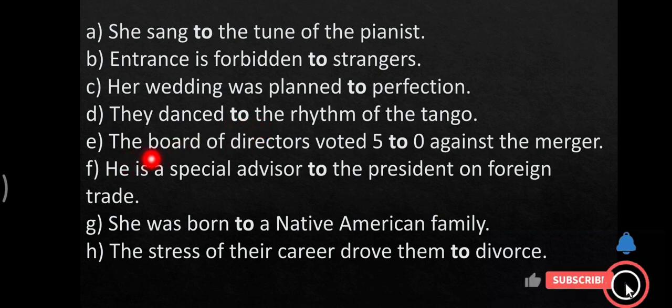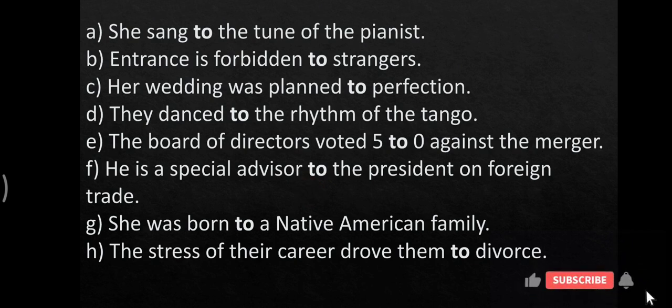And E. The board of directors voted 5-0 against the merger. We can see here that preposition to is used for comparison. And F. He is a special advisor to the president on foreign trade. And G. She was born to a Native American family. In example F and example G, the preposition to is used for relationship.